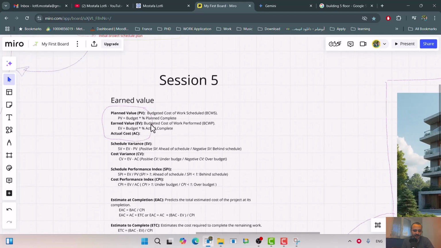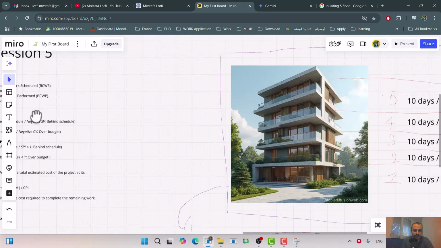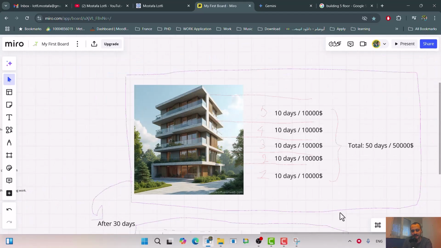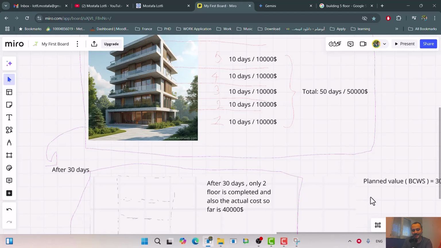Okay, this is what is written in the formula, but the concept that you need to get is that the planned value is telling you, up to now, to the point that you updated your project, how much you originally planned to spend based on how much work you planned to deliver.